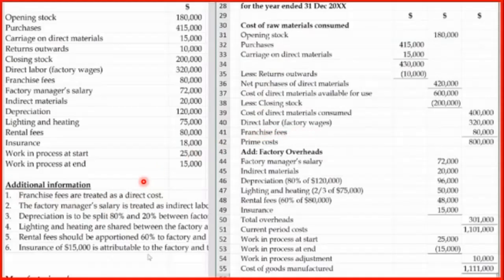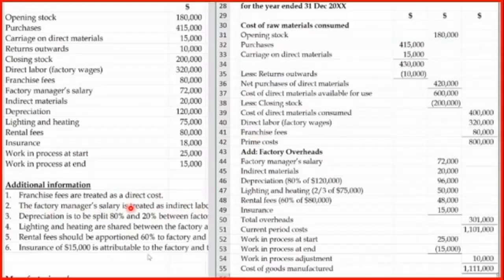Incidentally, you learn something from this. If you see franchise fees in our next question and they didn't tell you it's a direct cost, then you should put it here. Okay, right? The factory manager's salary is treated as indirect labor.